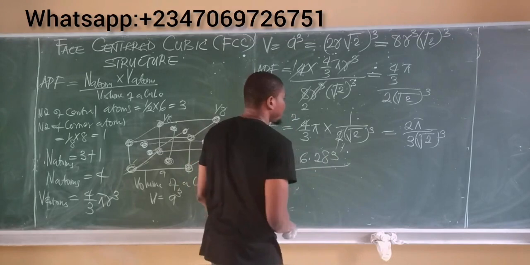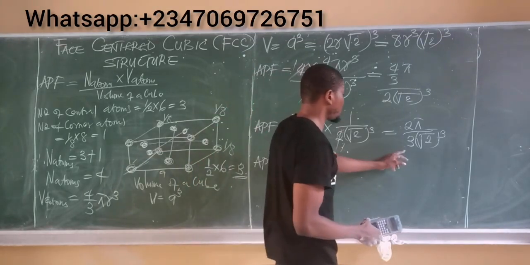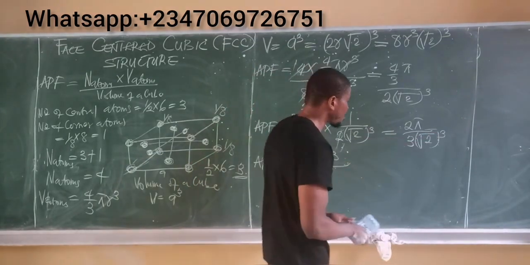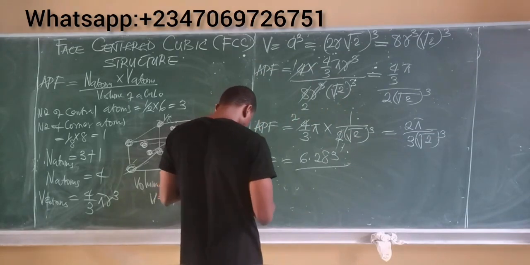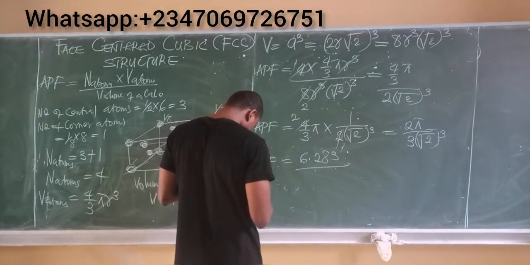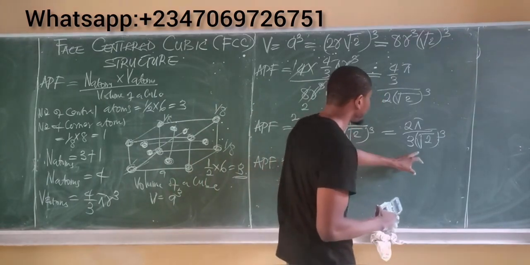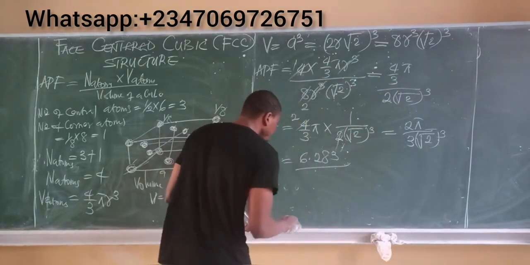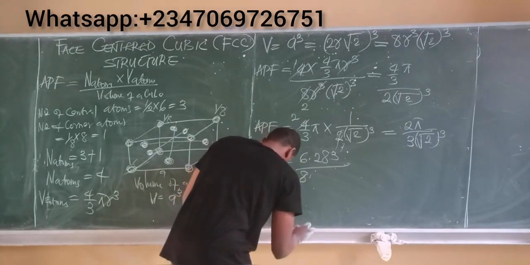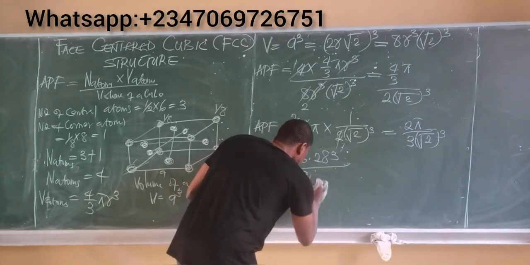6.283 all over. Let's also obtain 3 multiplied by root 2 to the power of 3. Okay, so I'll first of all compute root 2 to the power of 3. All right, so 3 multiplied by root 2 to the power of 3 simply gives me 8.49.